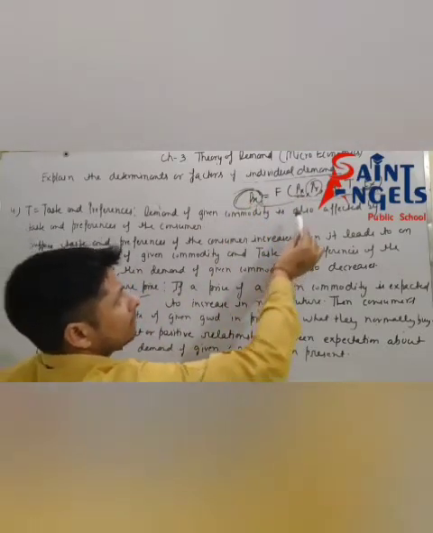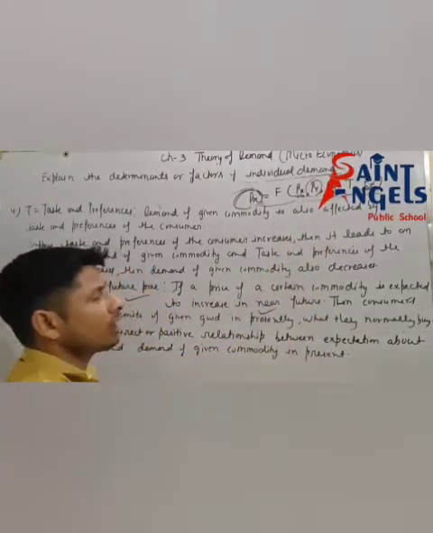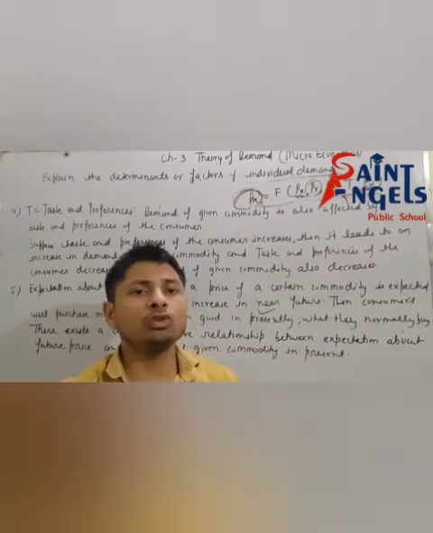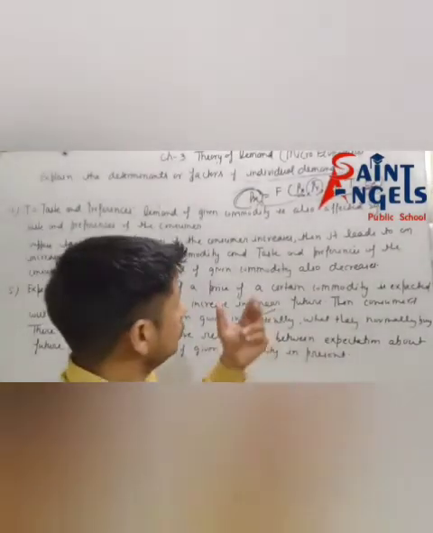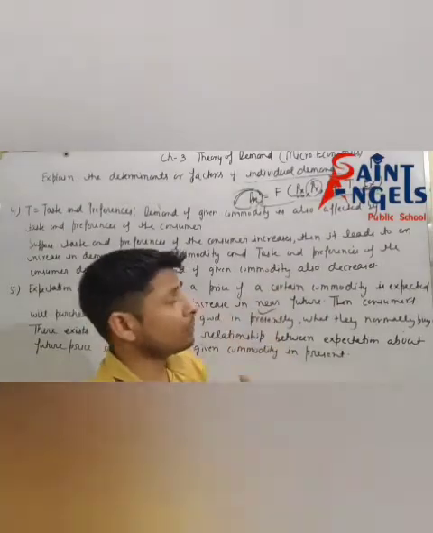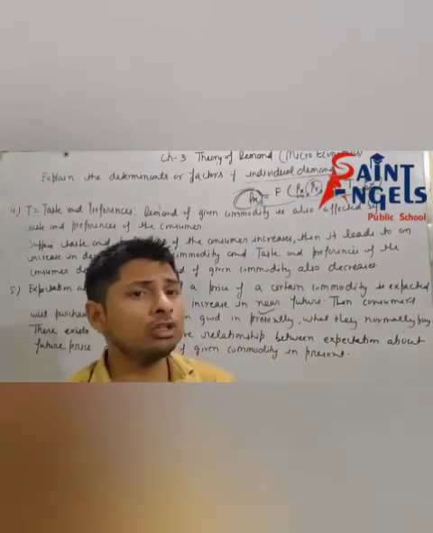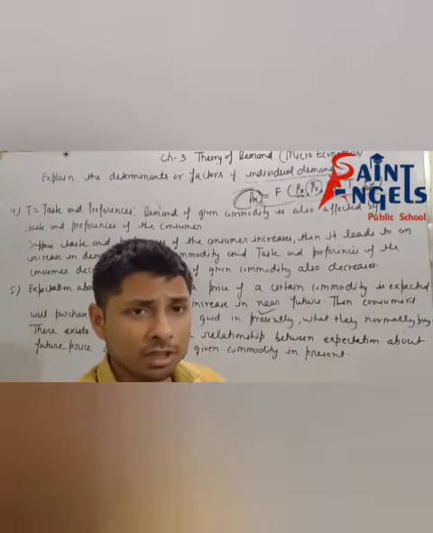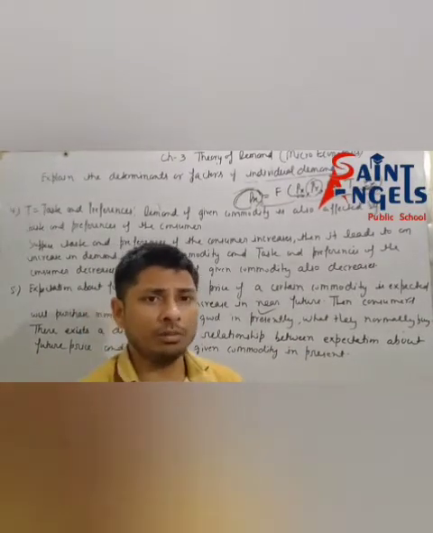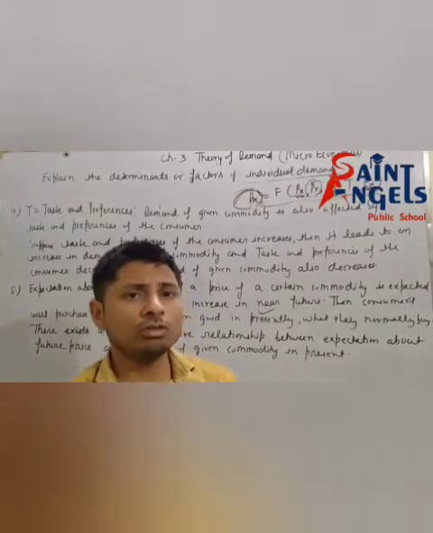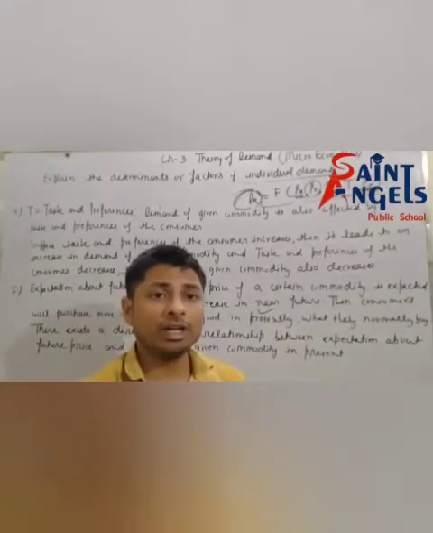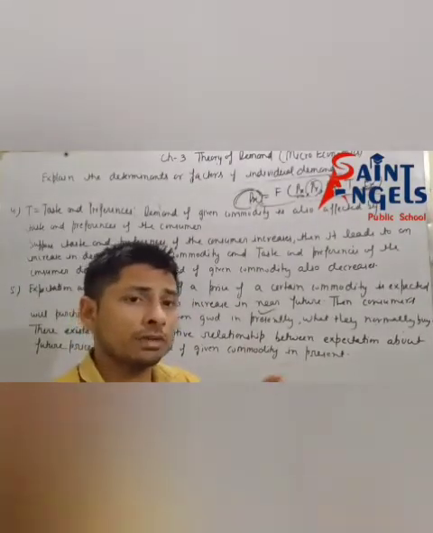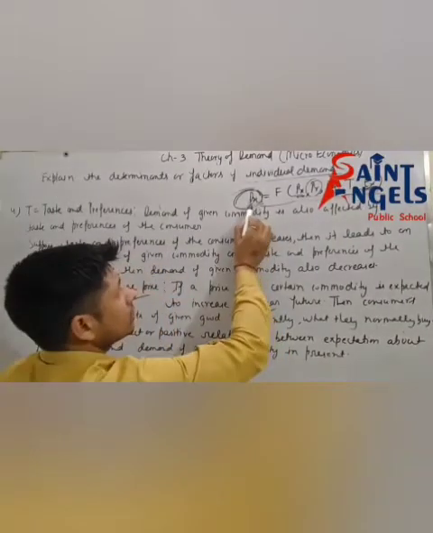See next, PR means price of related goods. You know that related goods are of two types: first, substitute goods, and second, complementary goods.